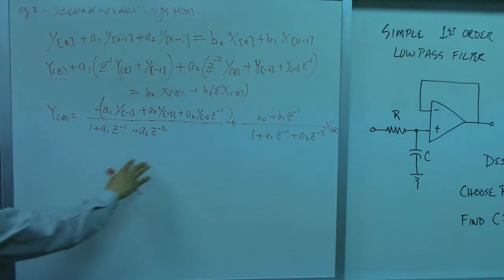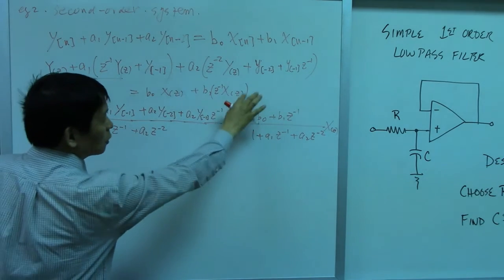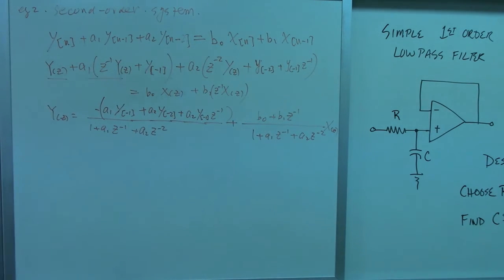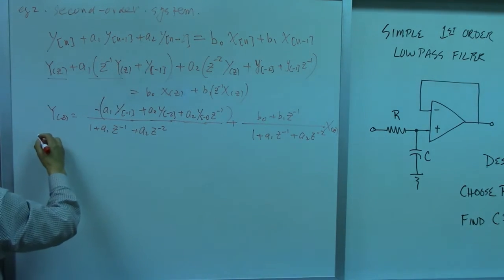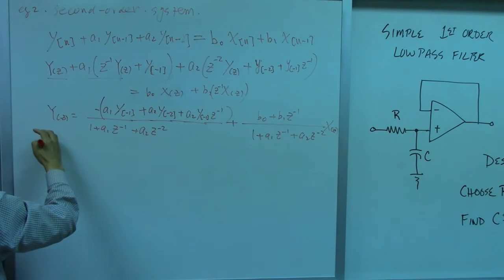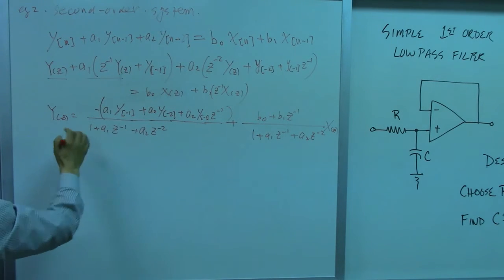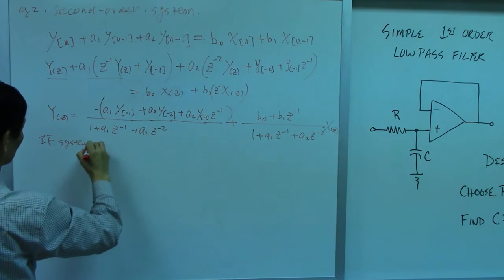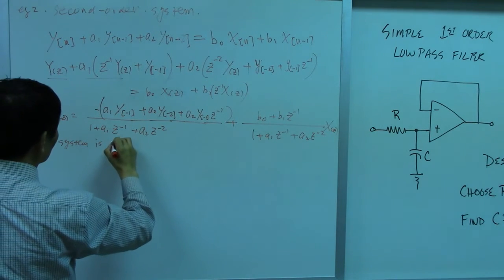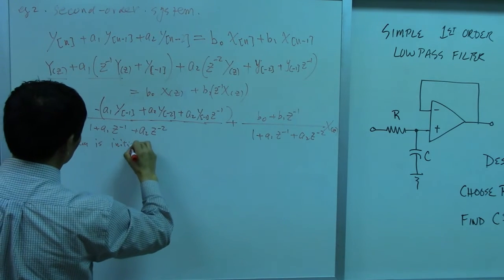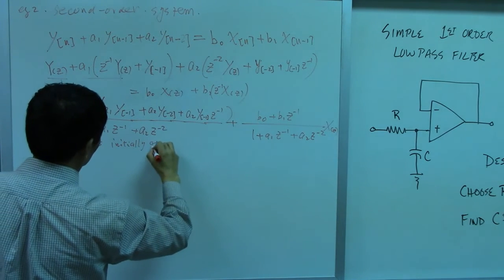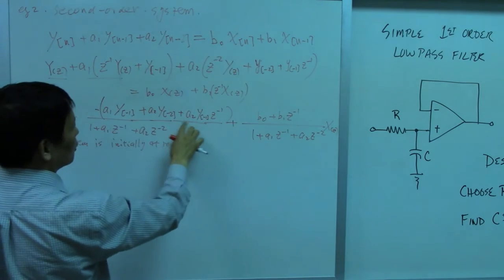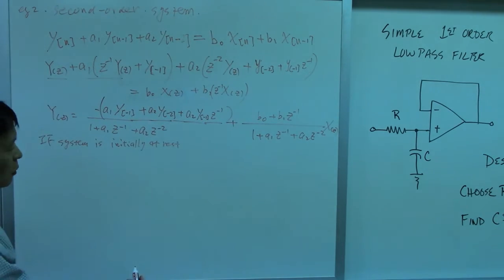This system is initially at rest because we ignored the input x. So if the system is initially at rest, meaning no output, all these initial condition terms are equal to 0.